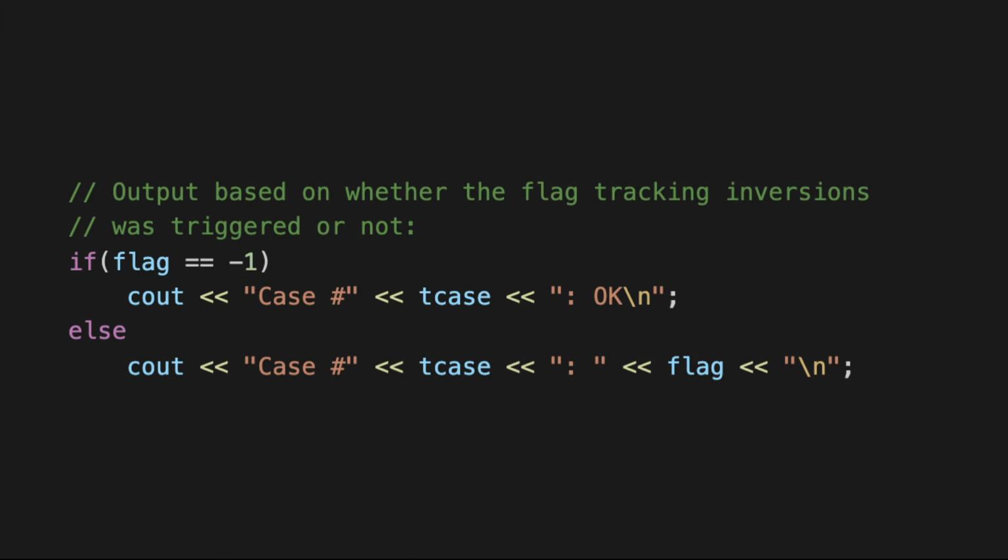If it is, that means that flag was never triggered, you never had a problem as you went along, and the array is in fact sorted. But if flag is a value that's different from -1, then the value of flag is actually the answer that you're looking for. It is the smallest index at which you encounter an inversion, an adjacent inversion. So you output the value of the flag in this case.